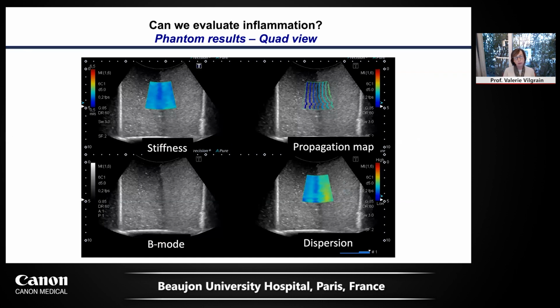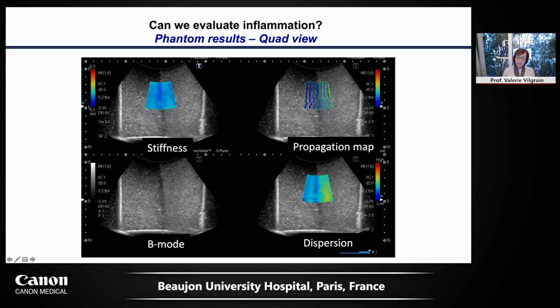Now, the third question, which is still more difficult than the first two, is can we evaluate liver inflammation, which is extremely important, especially in people having NAFL disease. We can have a nice display using the Aplio series with, on the top left, the liver stiffness.